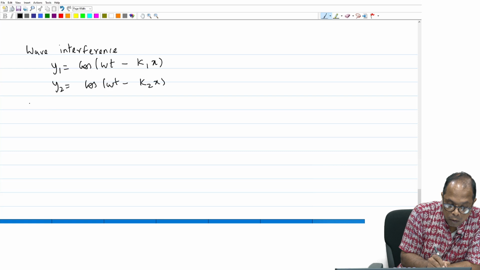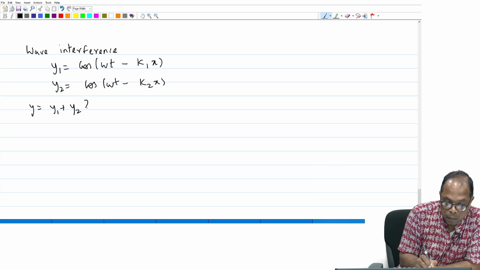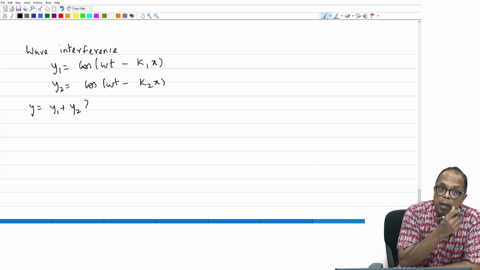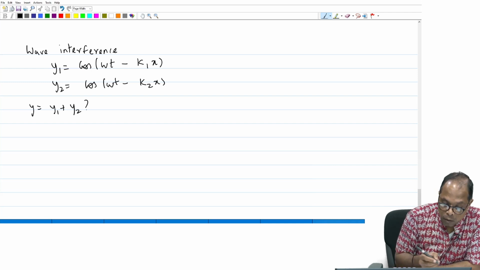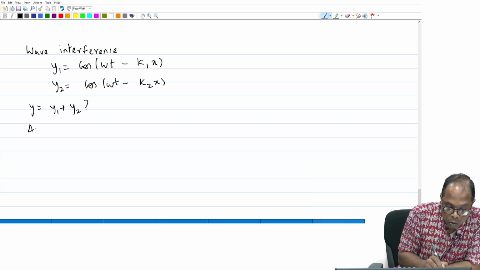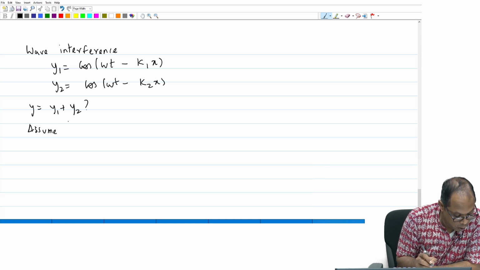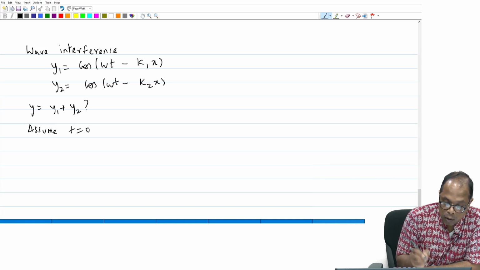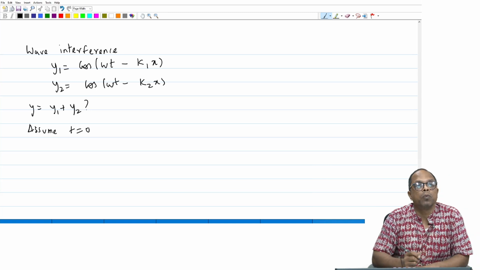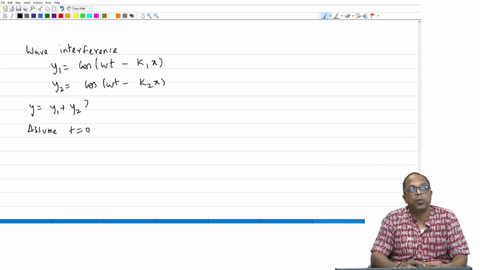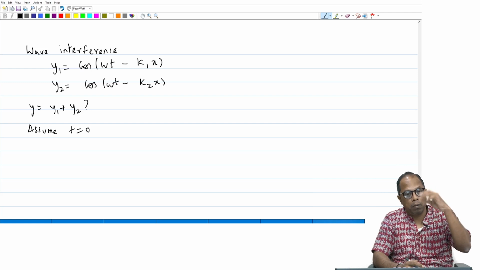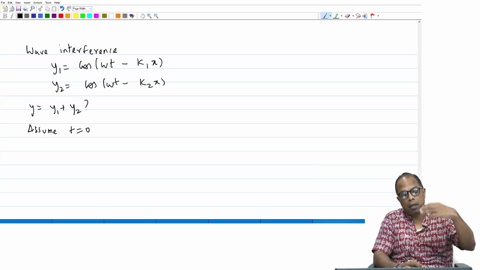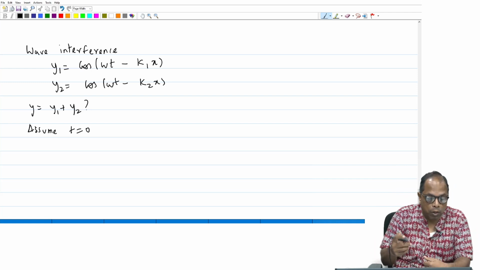Now the question is, what is y1 plus y2? Just to make things easy, we're going to assume that t is 0. What we want to know is the resultant amplitude of the summation of these two signals, and how it varies across the range x.